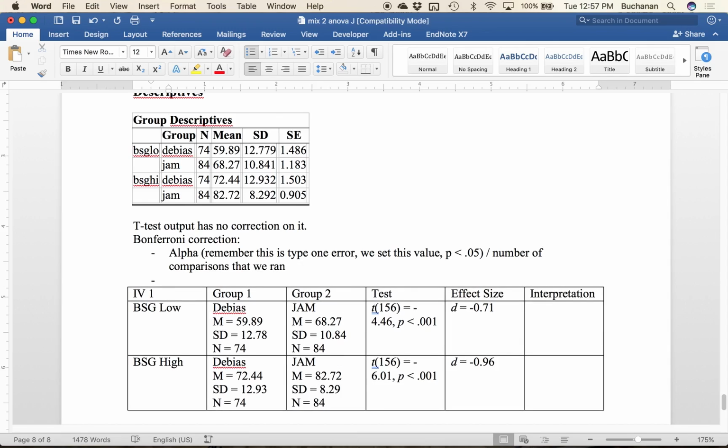Now, people think about this as P, but P is the statistic that you found in your study. Here, this is alpha. This is a P cutoff, if you will. So we're going to take 0.05, which is the criterion we normally use, divided by 2. That's 0.025, which is our new alpha. And we're going to compare that value to P, found in the experiment.